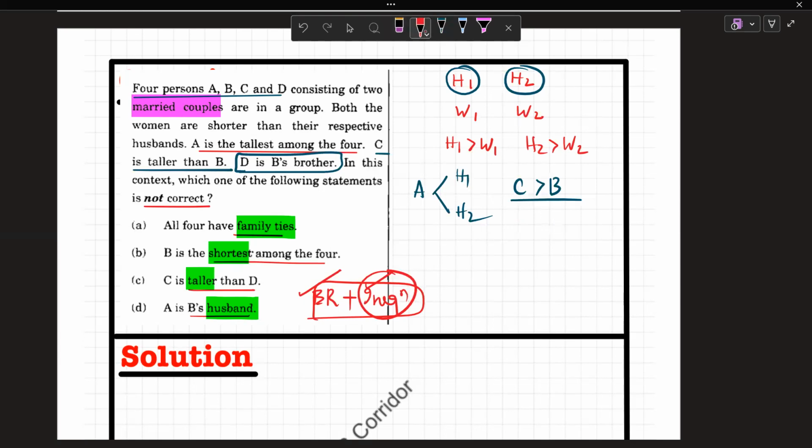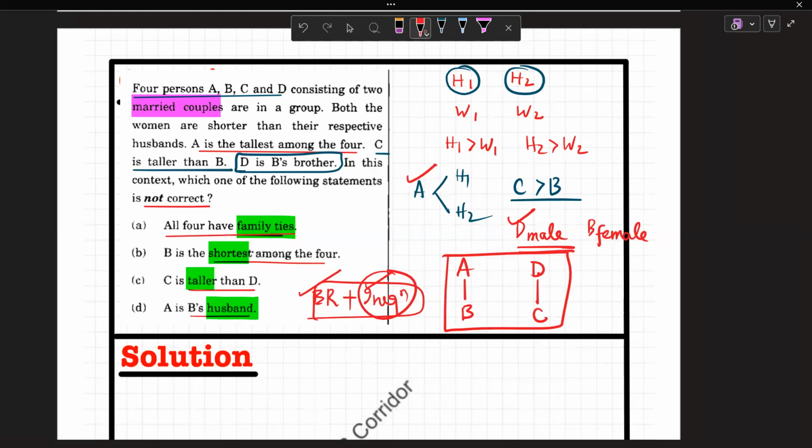D is B's brother. So D is male and B is female. Since D is B's brother, A is already a male, D is another male. So can I write A and D are both males? Now since D is the brother of B, that means A is married to B. So definitely C will be married to D. This link is obtained. Clear?